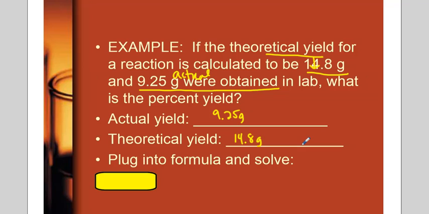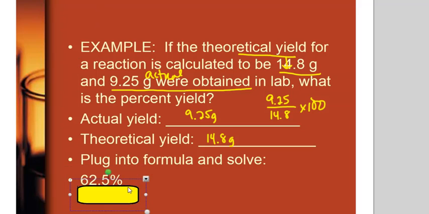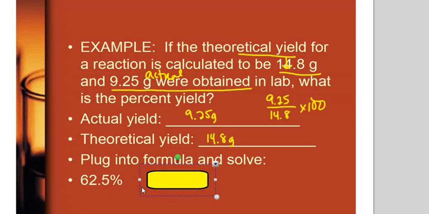So we plug those into the formula. So 9.25 divided by 14.8 times 100. And we plug that into our calculators and we solve it, and we get 62.5% is our answer.